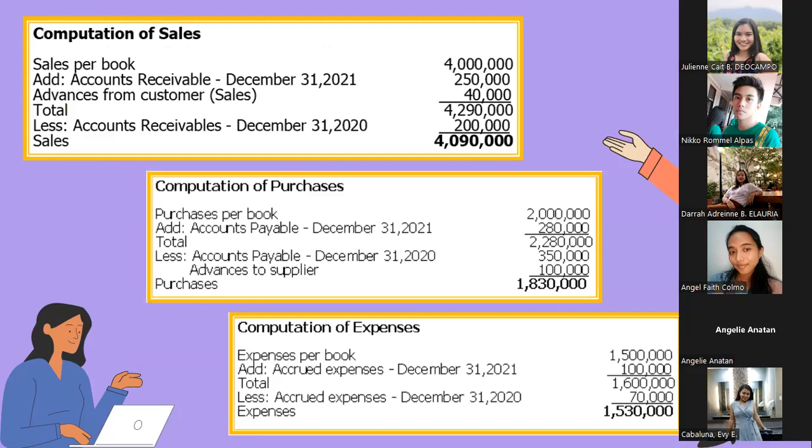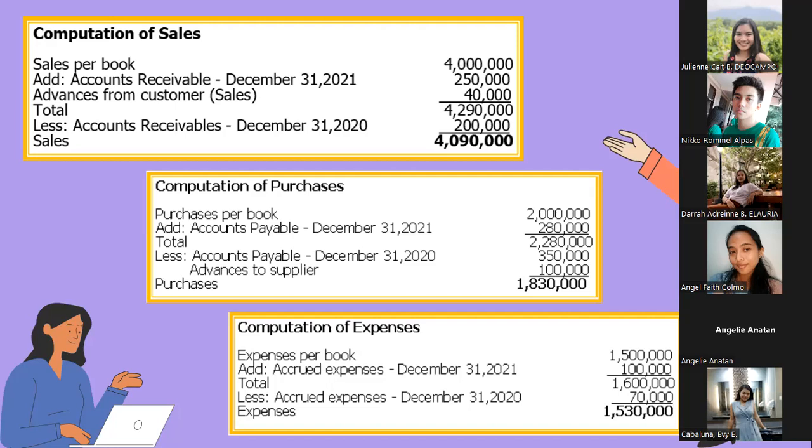Here are the computations of our sales, purchases, and expenses from our previous income statement. For the computation of sales, we have sales per book as given in the problem, 4 million. Then we add accounts receivable of 250,000 on December 31, 2021. It is from our entry number 1, wherein we debit accounts receivable and credit sales.